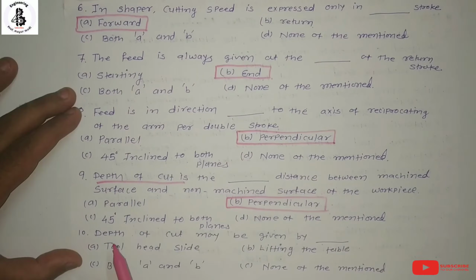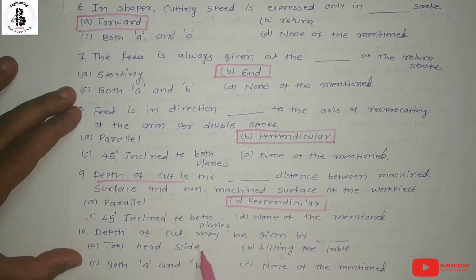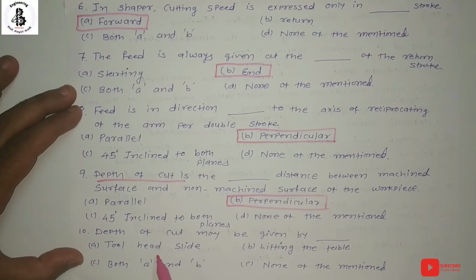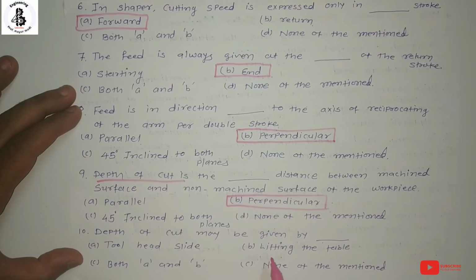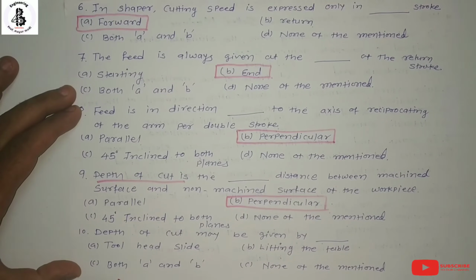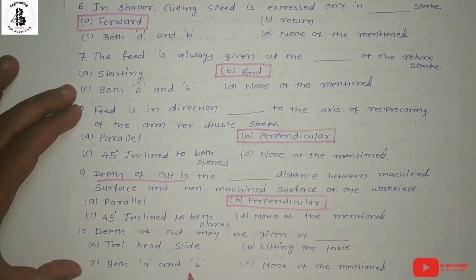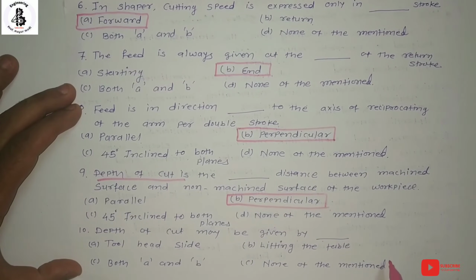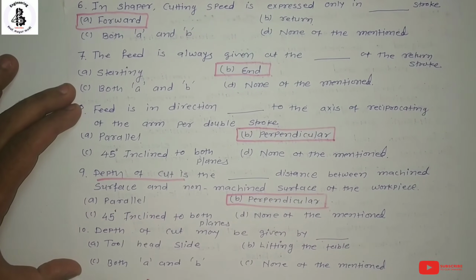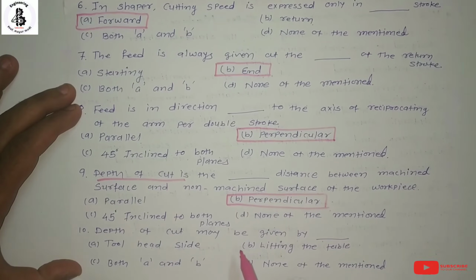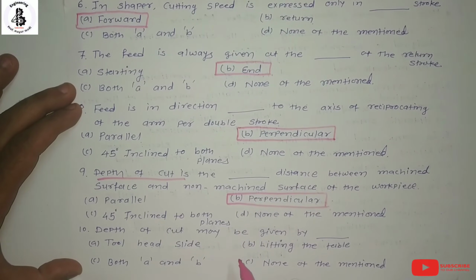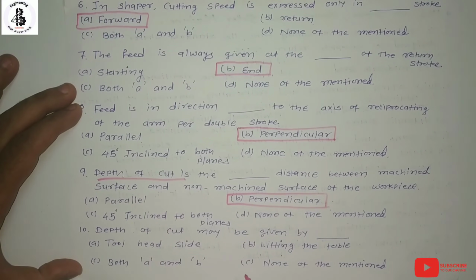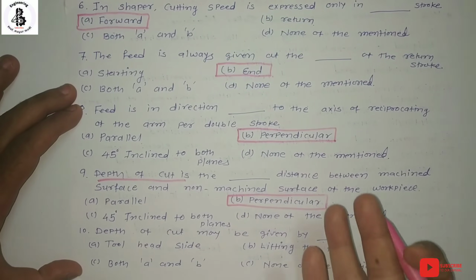The next, depth of cut may be given by option A tool head slide, option B lifting the table, option C both A and B, and option D none of the mentioned. In SHAPER machines, generally the depth of cut may be given by tool head slides as well as lifting the table.